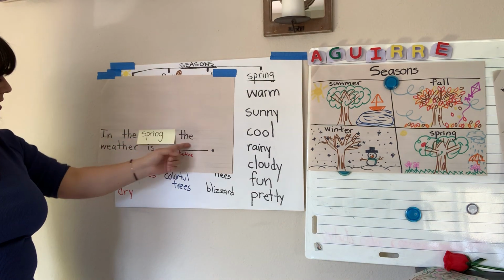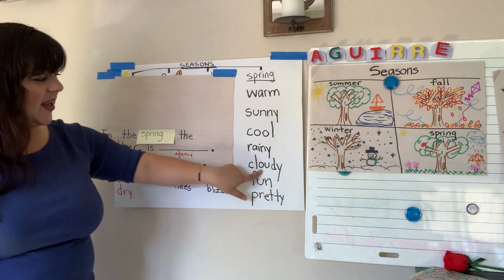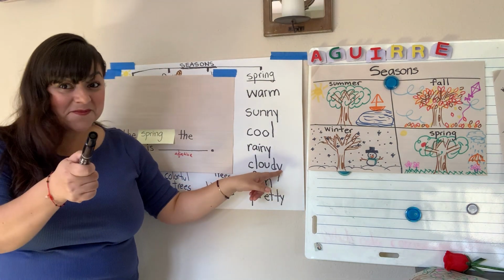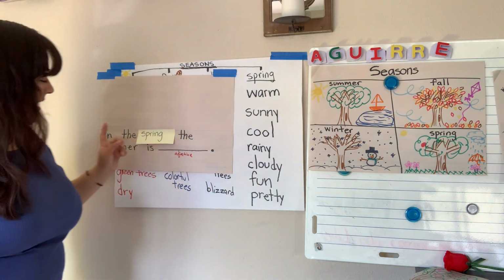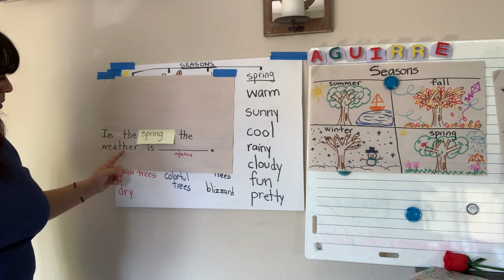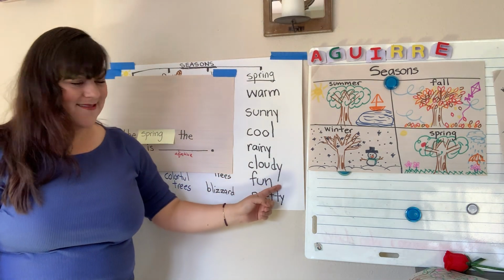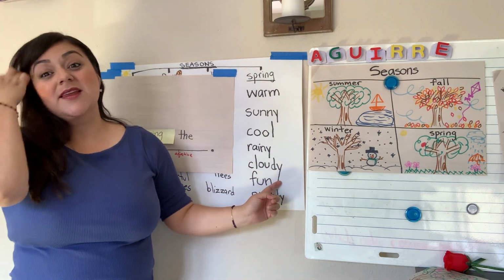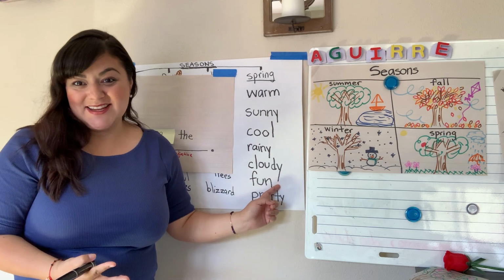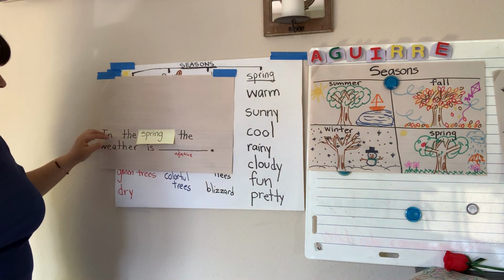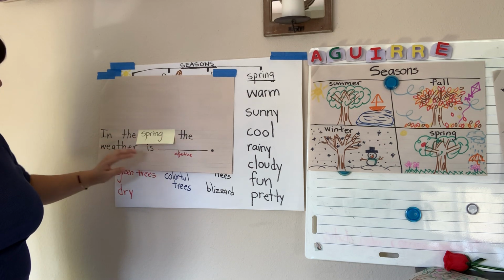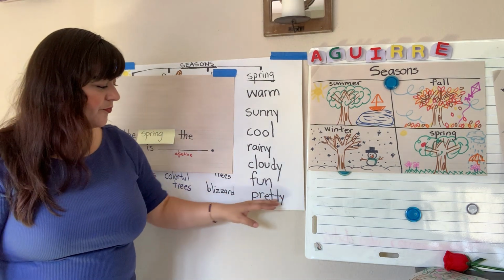In the spring, the weather is cloudy. In the spring, the weather is fun. It is fun weather. It's always changing and it's nice outside. And the last one says, in the spring, the weather is pretty.